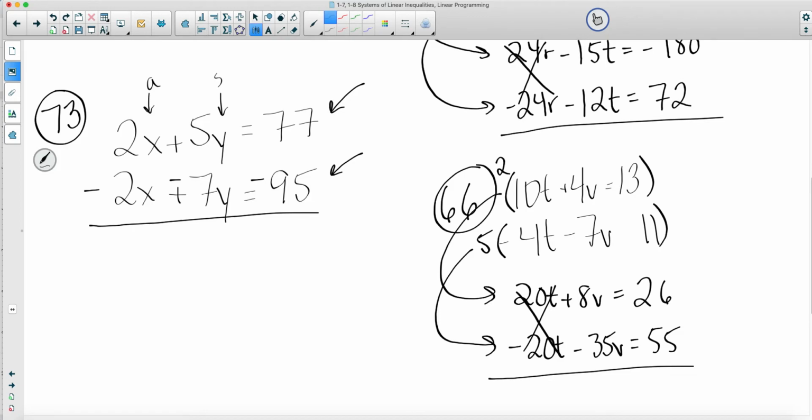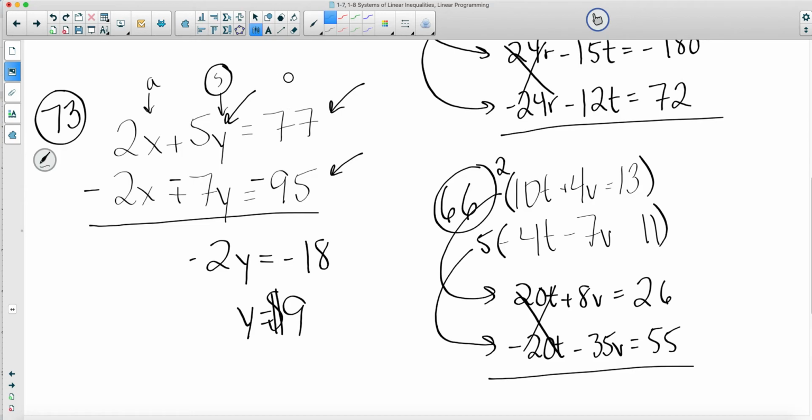So 5 minus 7 is negative 2y, and then 77 minus 95, that's going to be 18, so negative 18, so y equals 9. Those were my students, so that's why I had the A and the S there above. My students cost $9 a piece. And then we can take that 9, plug it into one of the equations. Let's just say we're going to plug it into here.